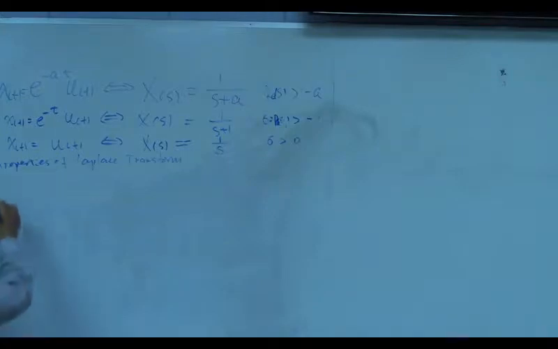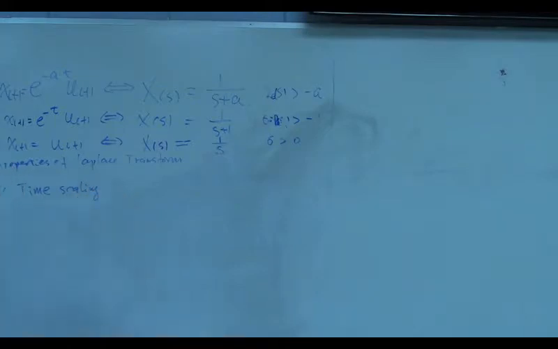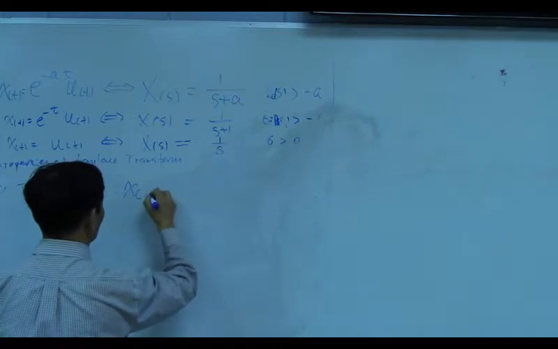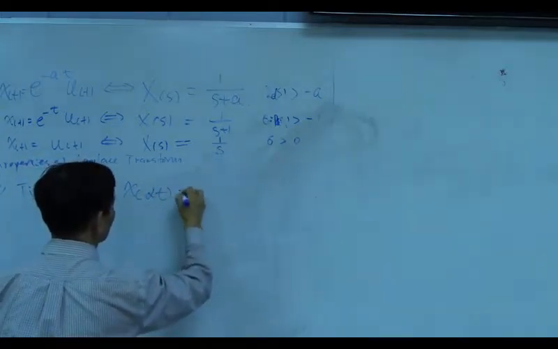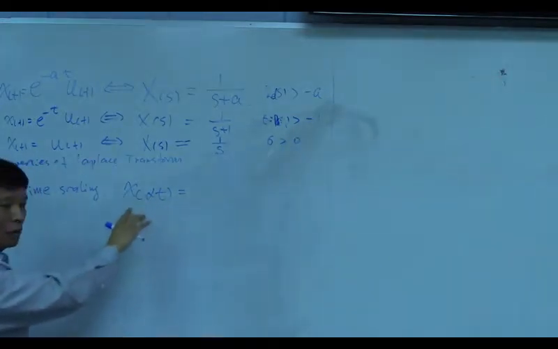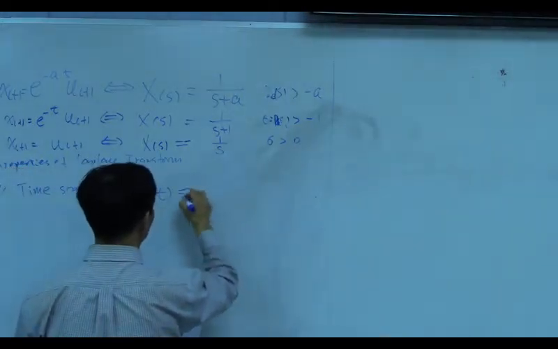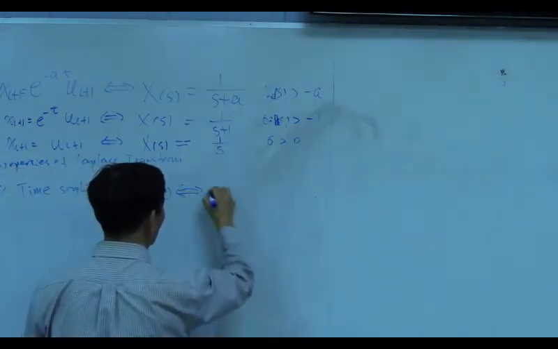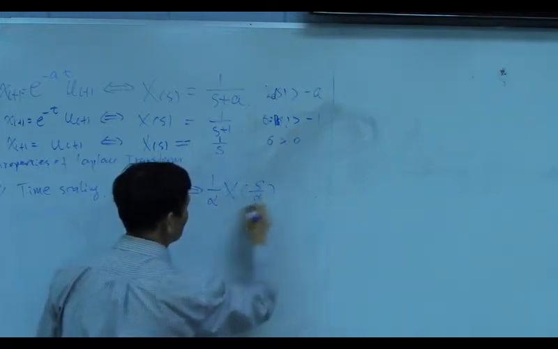Alright, the next one is time scaling. Time scaling means x(alpha t), where we multiply alpha to t. And this will be equal to 1 over alpha times X(s over alpha).